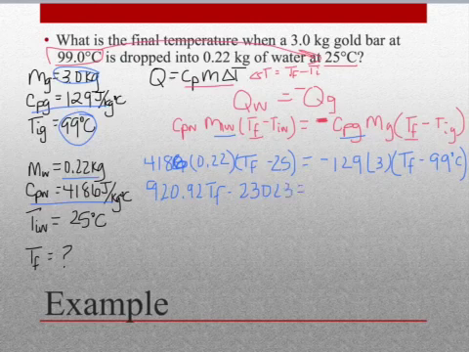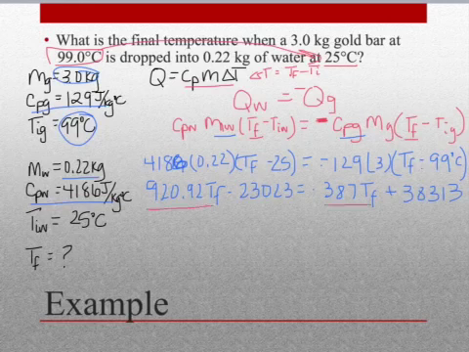And that will equal, here we're going to end up with a negative, so we get negative 387 TF. And then I have a negative times a negative, so it ends up being plus our next value of 38,313.